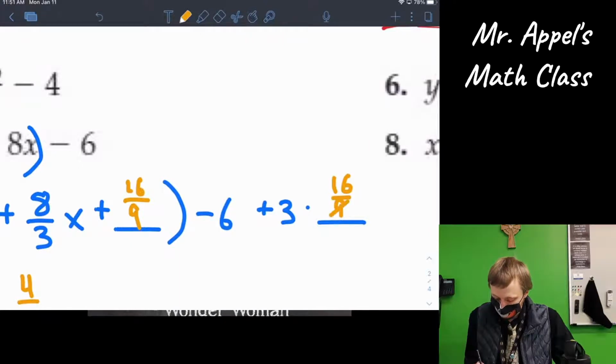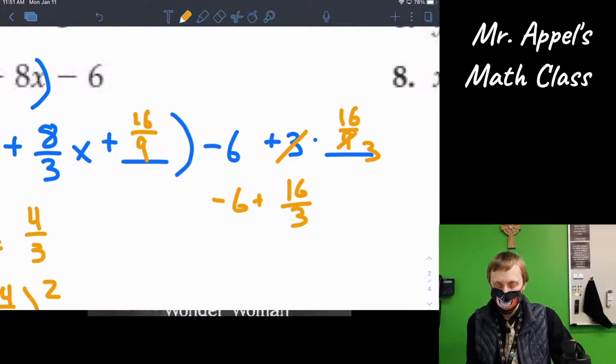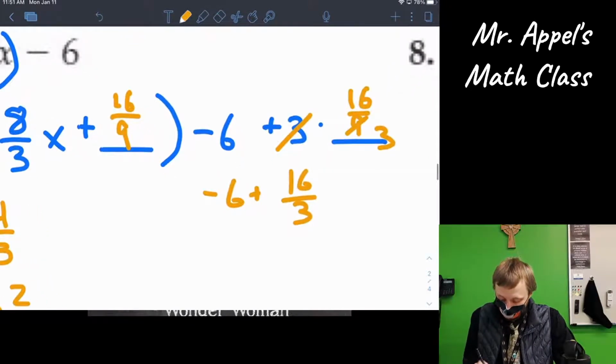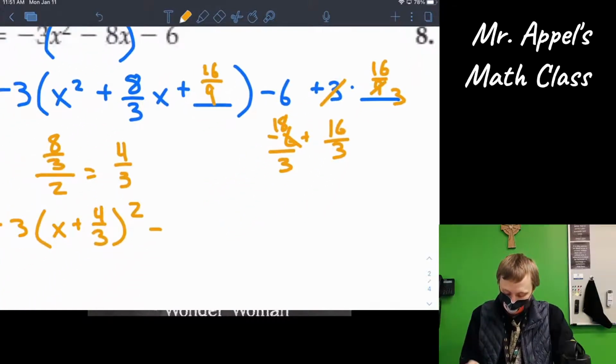Well, 9 divides by 3, so that comes down to just 3. So it's negative 6 plus 16/3. All right, how many thirds is 6? Set this to be over 3. So 6 times 3 is 18, so negative 18/3 plus 16/3 leaves us with a net negative 2/3.